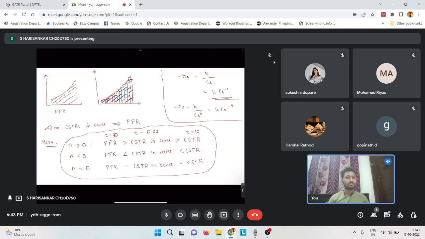If it is a negative order reaction, CSTR will give you the highest conversion. And if it is a zero order reaction, the conversion will be the same across PFR and CSTR.